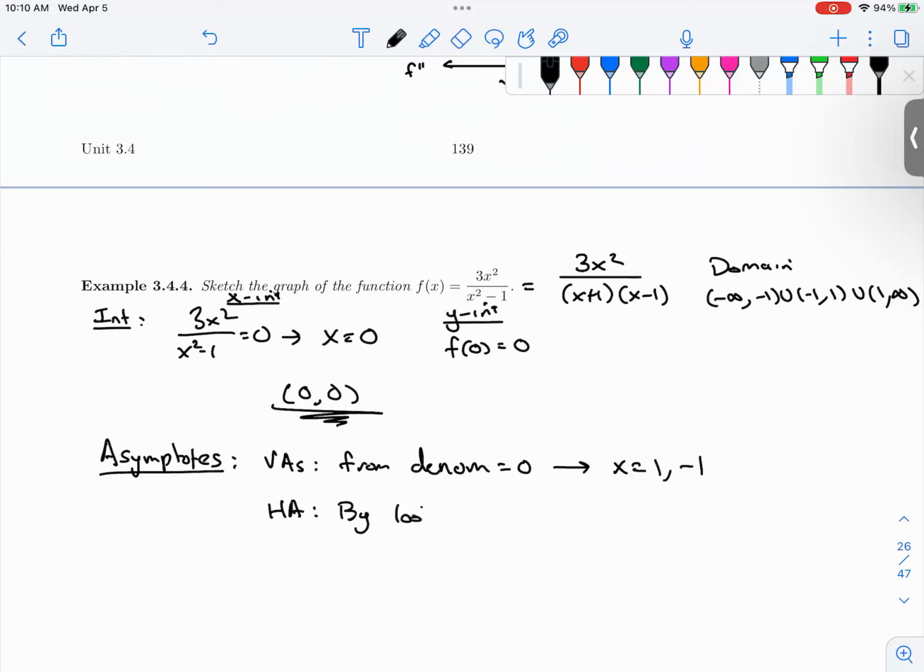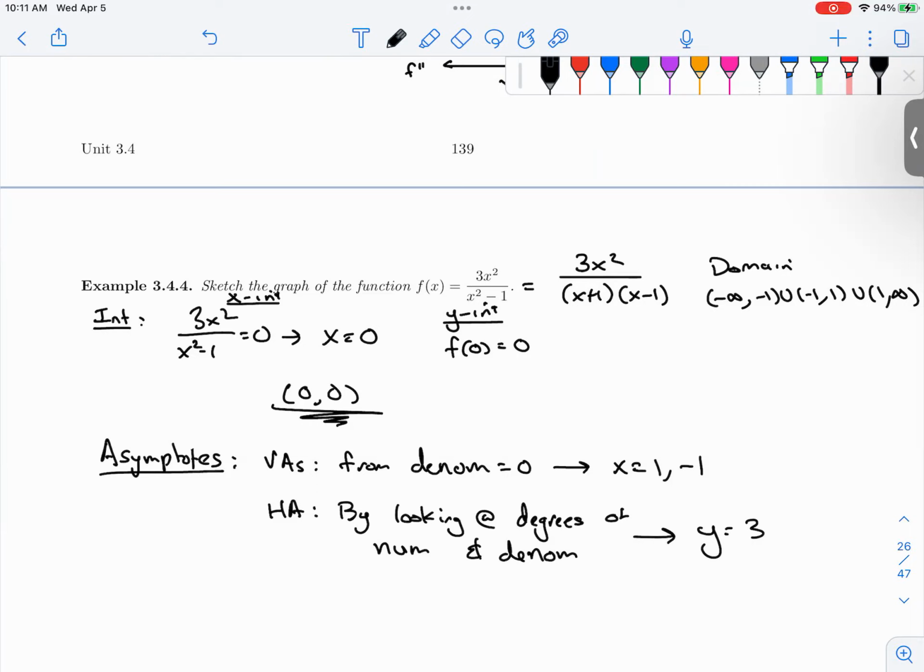By looking at the degrees of the numerator and denominator, we get y equals 3. And just as a reminder on that one while you're writing it down, the reason why I can just look at this and say that it's going to be 3 is, imagine horizontal asymptotes.